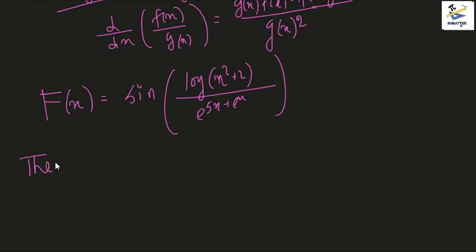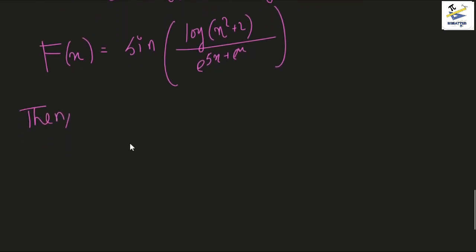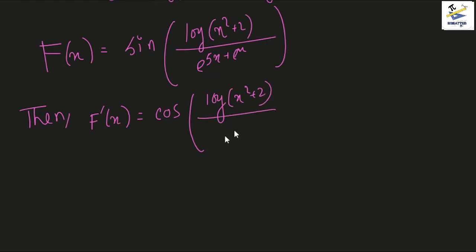Then F dash x would be, so firstly the derivative of sin x is cos x, so we first have this, right, multiplied by, now we have the part where we do actually the f(x) by g(x) thing. So this is g(x), this is f(x), so this should be squared.